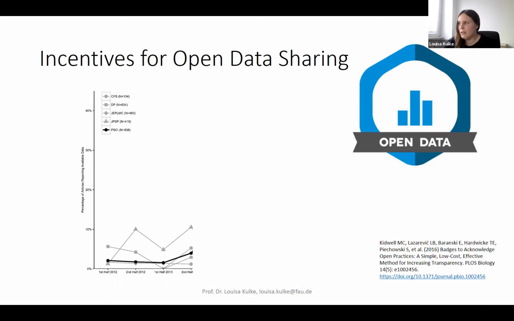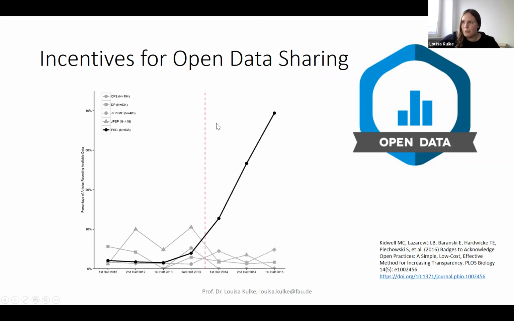And then some journals introduced badges. What are badges? It basically just means your paper gets a little sticker on top saying you shared your data openly. And you would say that's such a small thing. It doesn't give you money. It doesn't give you anything like fame or fortune. You don't really get much from getting a little badge on top of your paper. But interestingly, when the badges were introduced, you can see here, this is the percentage of papers that share their data openly.